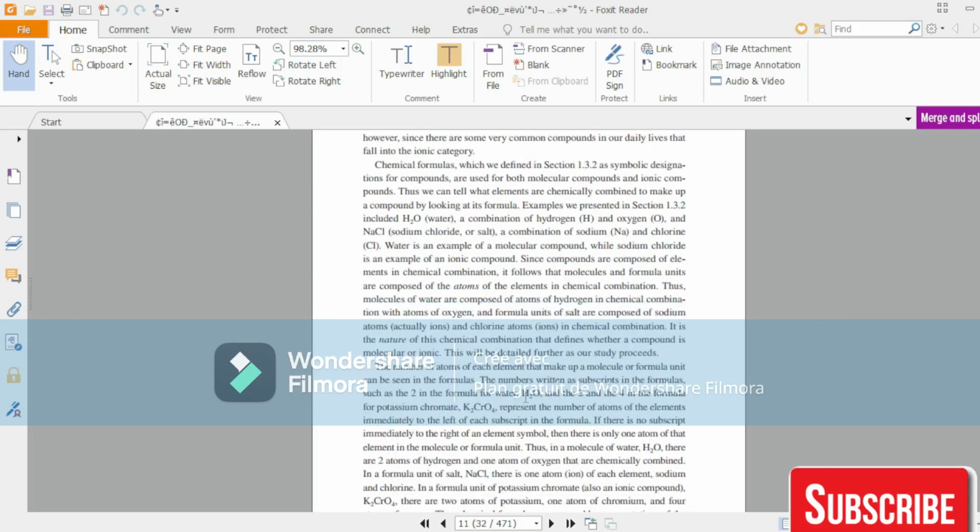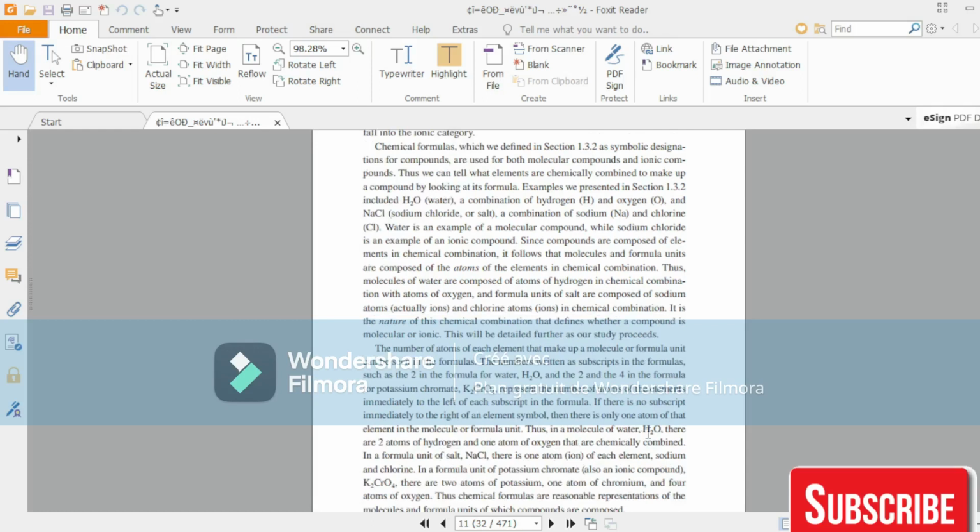The number of atoms of each element that make up a molecule or formula unit can be seen in the formulas. The numbers written as subscripts in the formulas, such as the 2 in the formula for water, H2O, and the 2 and the 4 in the formula for potassium chromate, K2CrO4, represent the number of atoms of the element immediately to the left of each subscript in the formula.